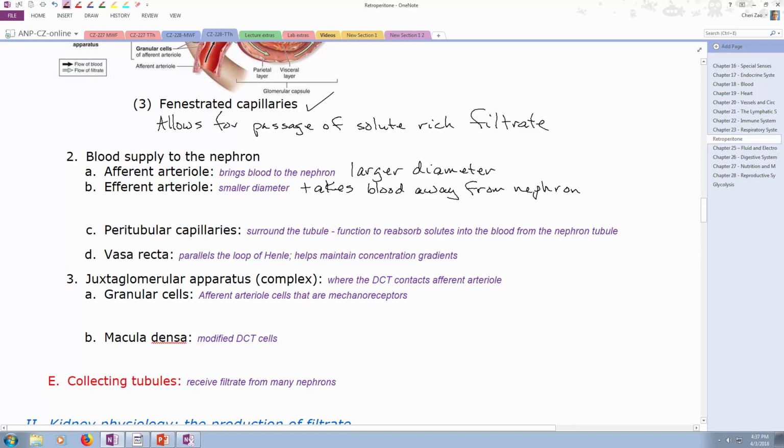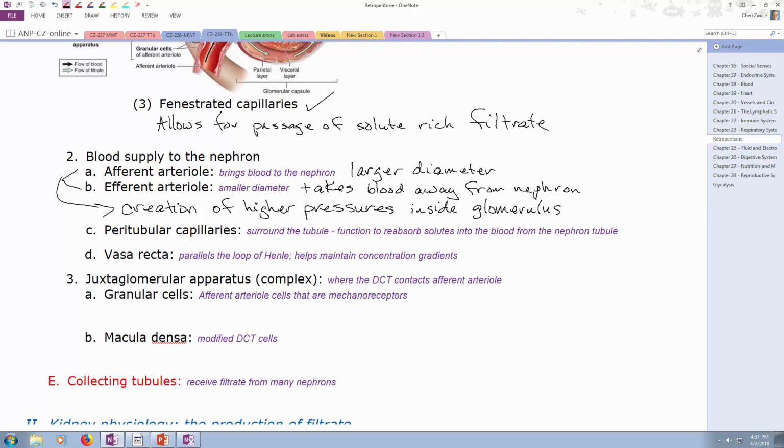And because of this, we have the creation of higher hydrostatic pressures inside the glomerulus. So afferent arteriole to glomerulus to efferent arteriole.